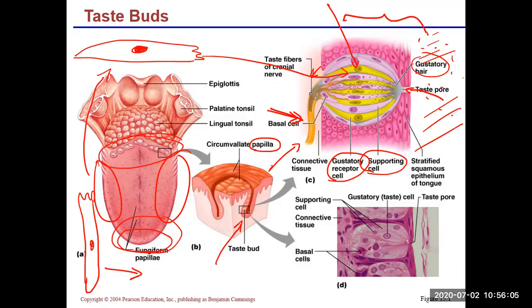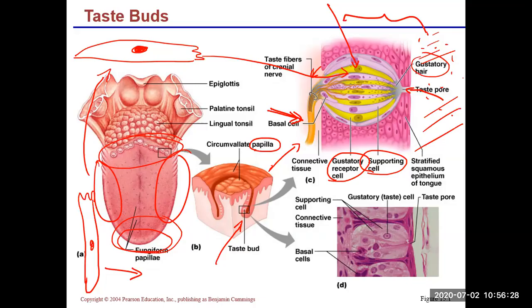So again, if you like to do these experiments, you could have a family member, for example, have your eyes closed and put in a sugar molecule or salt or different types of chemicals on your tongue while your tongue is sticking out, all right, one at a time. And then you bring your tongue inside and you try to use your saliva to see if you could tell what it is, all right?